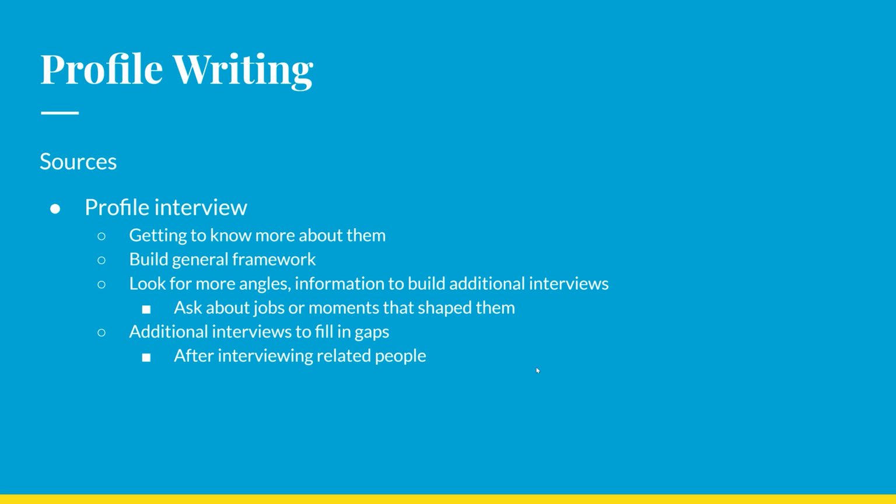You want to fill in any gaps left by your research, and see if there's maybe a little more information this person can offer about a particular time in their life that seems a little hazy based on what you found. This is where you can build up more of a framework and figure out how you want to write your profile.